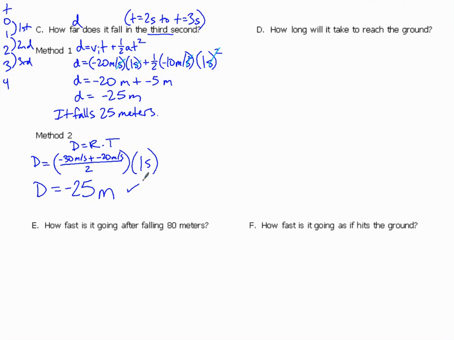How long will it take to reach the ground? So remember, we are dropping this object. How long will it take to hit the ground? That's time. To reach the ground, the top of the building is 180 meters. If it hits the ground, that means the distance was 180 meters.